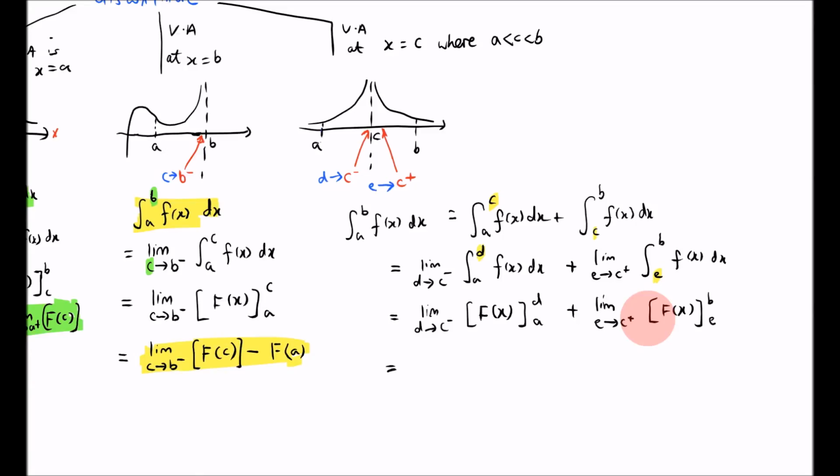So now you bring in your limits. So the first one is limit d approaches c minus F(d), right? Minus F(a), plus F(b), minus limit e approaches c plus capital F(e). Okay, so we have to evaluate this limit.